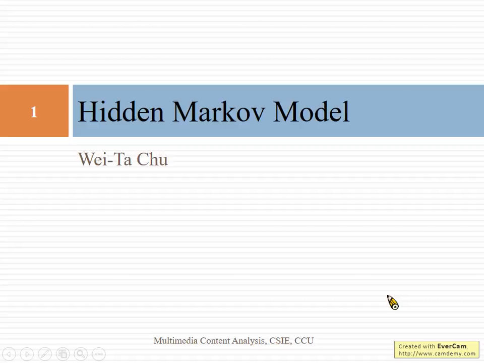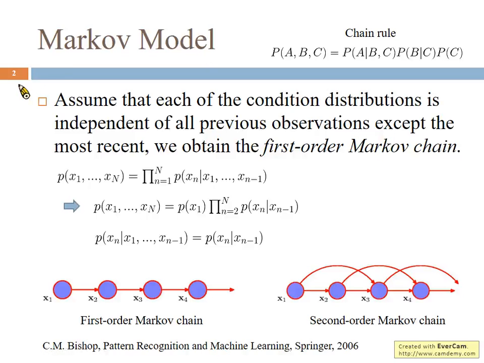So it's quite important to understand the idea of the hidden Markov model. And also, not only for speech recognition, for many multimedia content analysis systems, the hidden Markov model was widely employed in many applications. We describe the Markov model first.